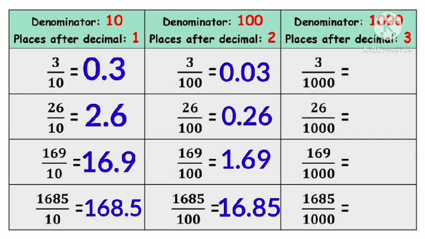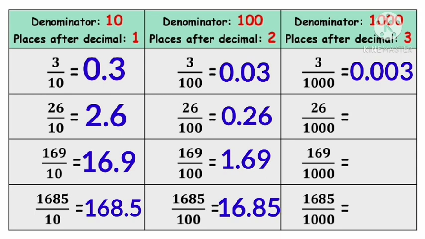Yes, you all remember, if the number of digits in the numerator is not equal to the number of zeros in the denominator, we should add zeros. Yes, after the decimal point. So here 3 by 1000 is equal to 0.003. The 3 decimal places equal to the number of zeros in the denominator.